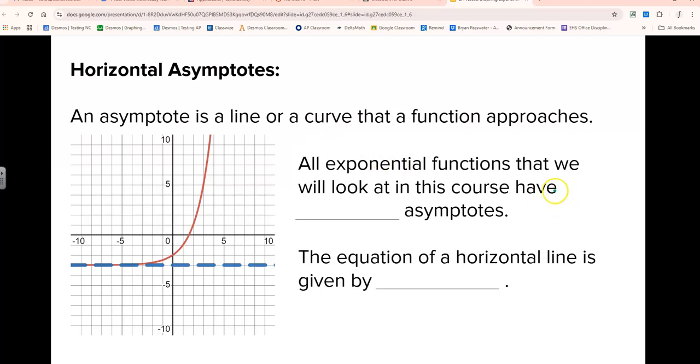All exponential functions that we will look at in this course have horizontal asymptotes. The demonstration that I usually use for this is what was happening in y equals 2 to the x power.